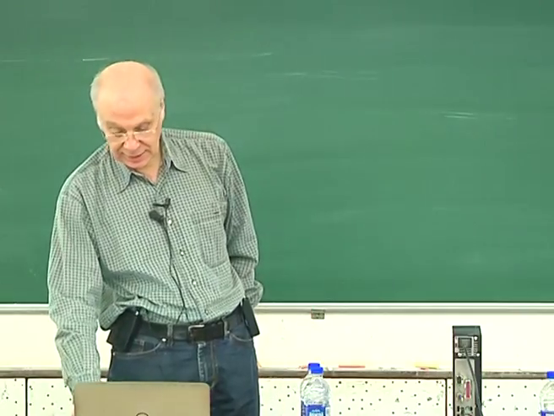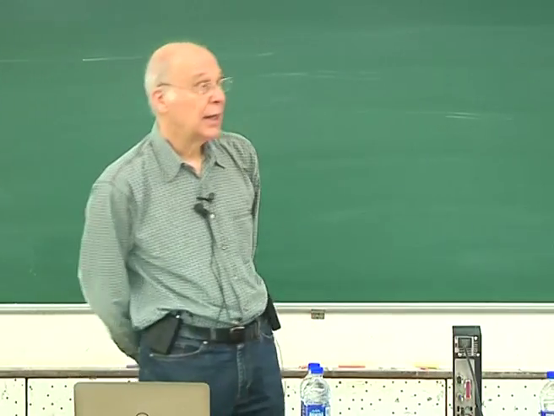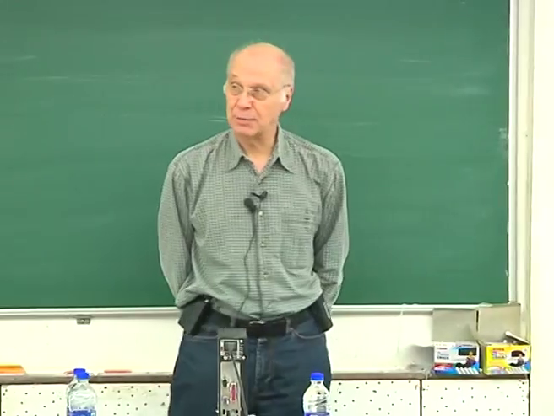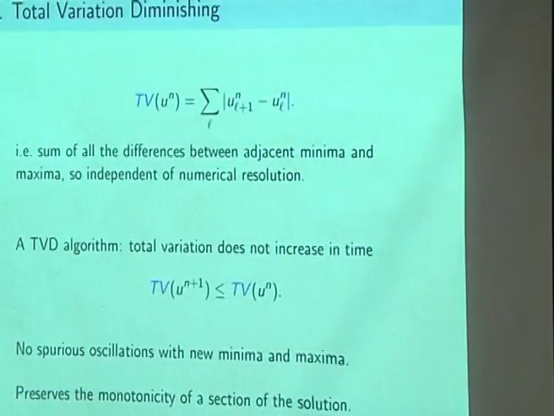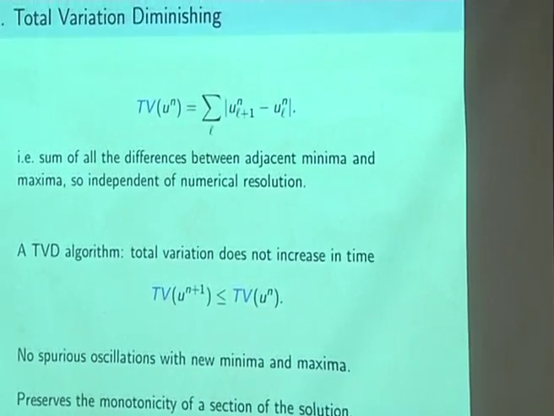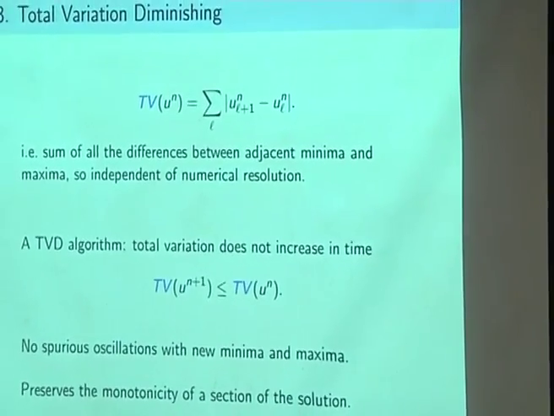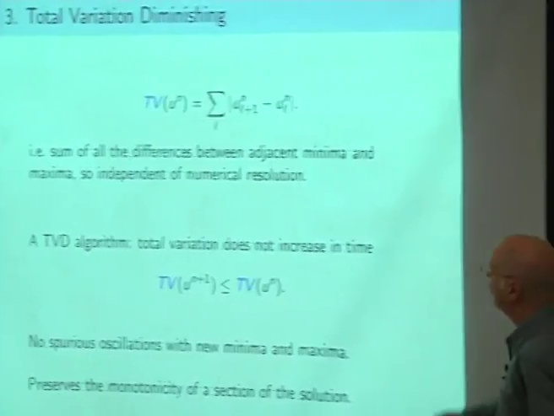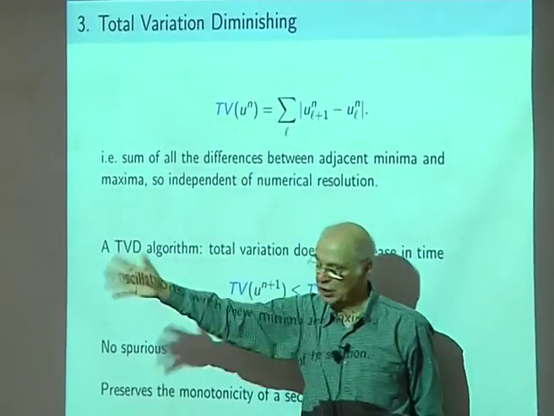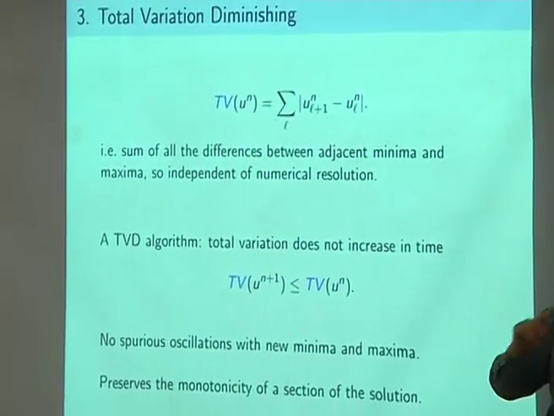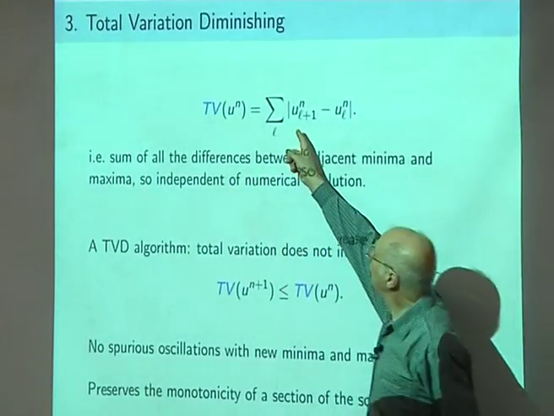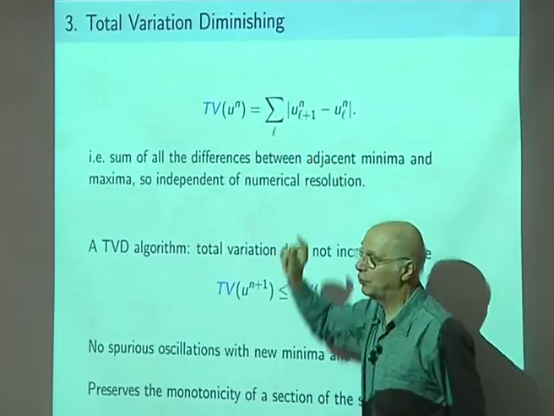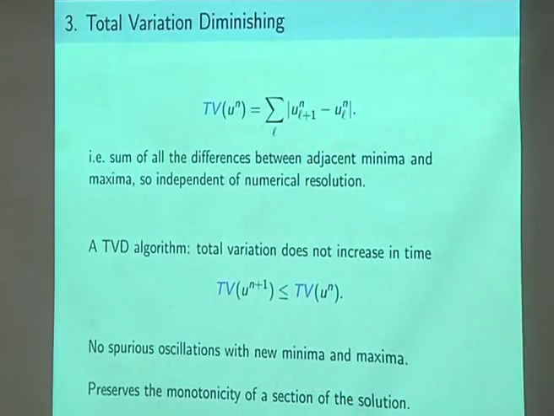So we need a new idea, and the magic words in the subject are TVD, total variation diminishing. You'll see in a minute why this is a good idea. So you work for a solution which depends in space. You work out the total variation as being the sum of the absolute value of the difference between adjacent points.